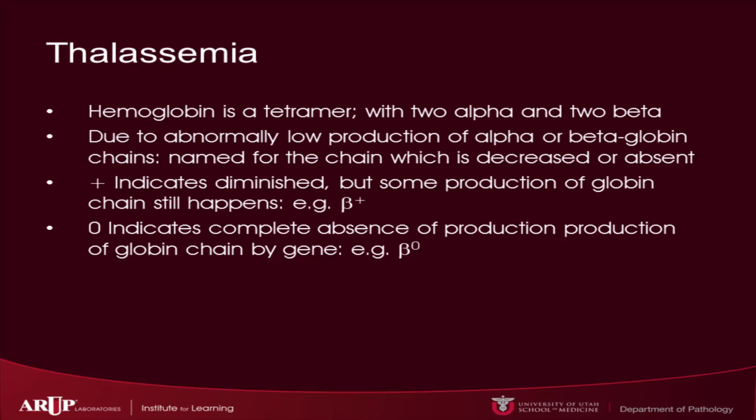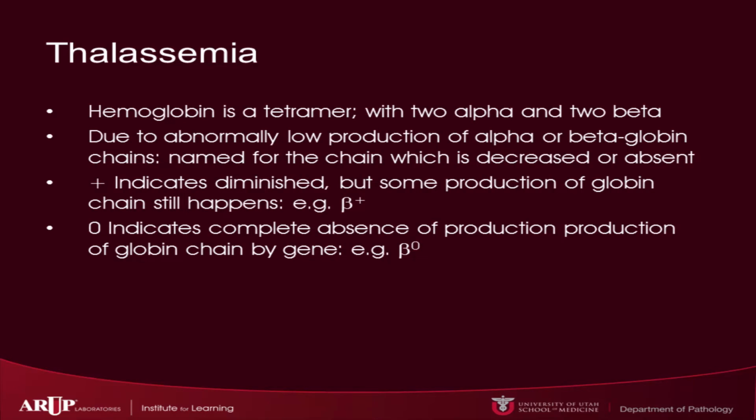There are 2 different signs which we always see in the thalassemia diagnosis: beta plus or beta 0, or alpha plus or alpha 0. Plus means there is some production of that particular chain. It could be either 5% or it could be 45%. So there is a reduction in the production, but still there is some production going on.